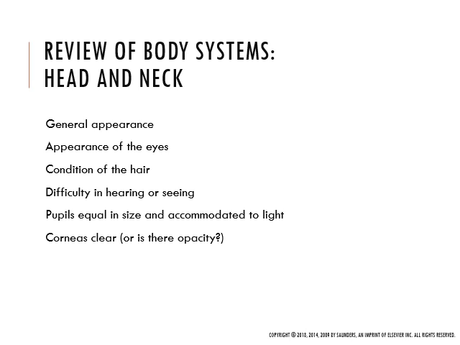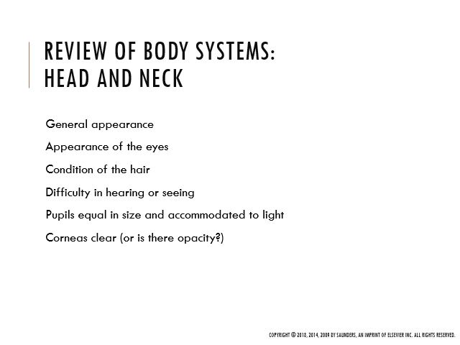Head and neck, we're going to look at the general appearance. We're going to look at the appearance of the eyes, the condition of the hair. Is it thin? Is it thick? Difficulty in hearing or seeing. Once again, you're going to pay attention if they have hearing aids or if they're wearing glasses, or you can ask them, do they wear contacts? We want to look at the pupils.